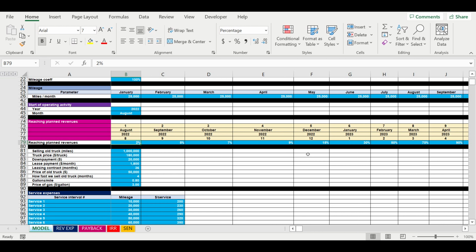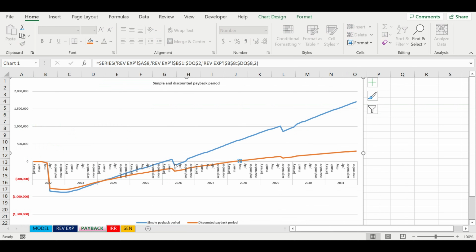So if you look more closely at the payback period, you see these moments. Here they are. These are the moments when we sell an old truck and buy a new one. So many entrepreneurs, when they calculate financial models, assume their truck lasts forever when they buy it.